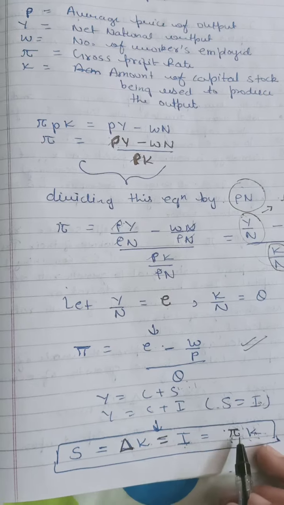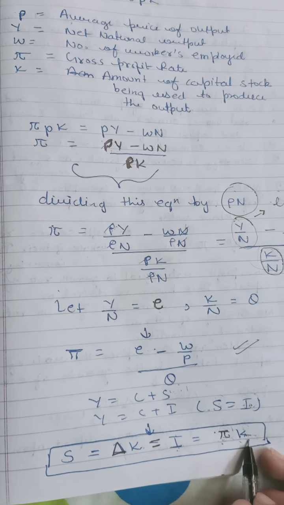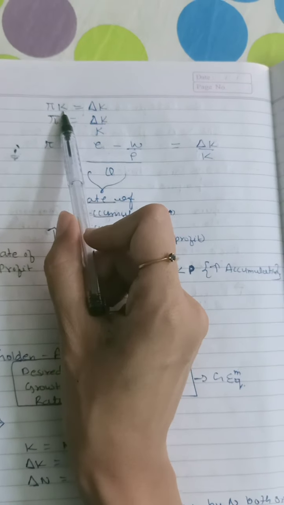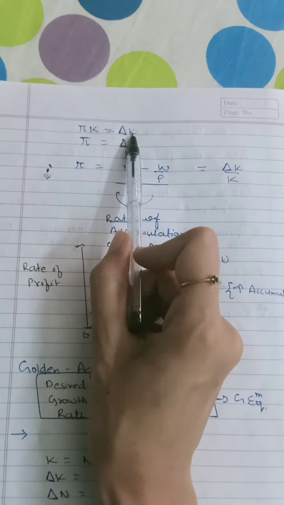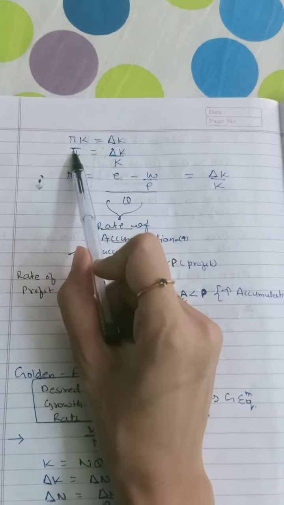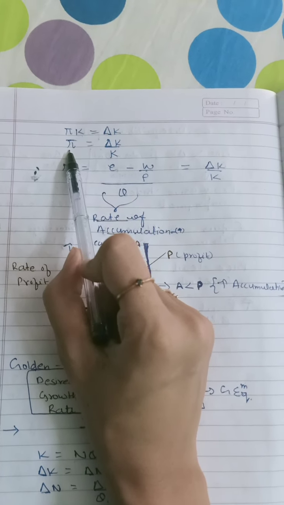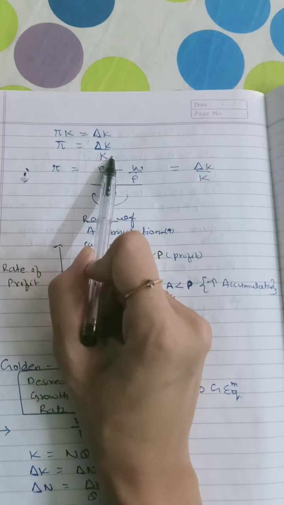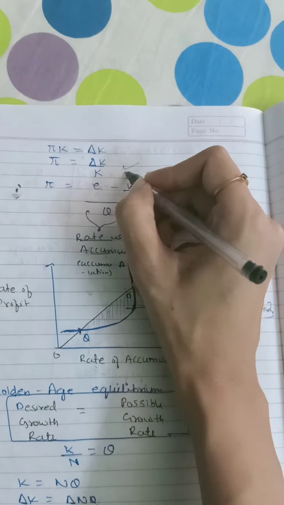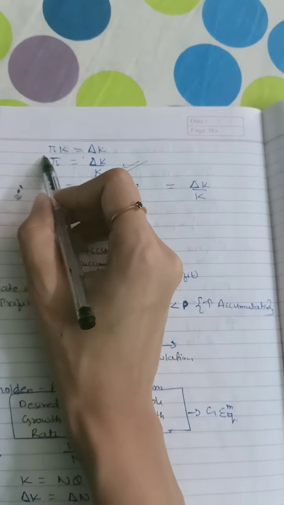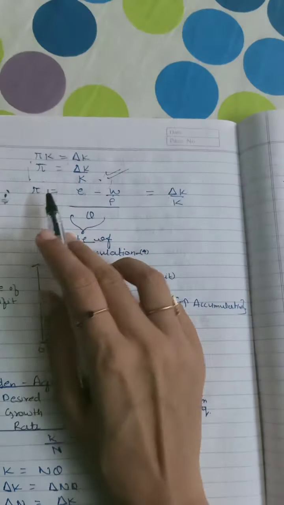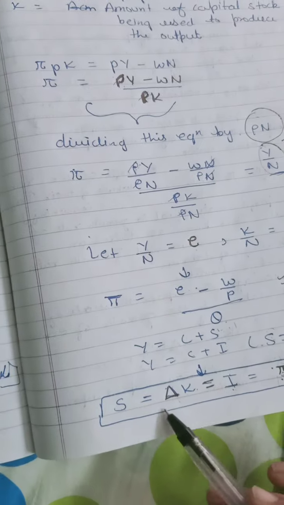So change in capital is equal to profit into capital, and if the profit you are getting from capital is equal to change in capital, then you'll get this equation: if you take out the profit equation, then you'll get change in K upon K. So this we have seen earlier also, that this is how we derive this equation. This is how we get to this equation, by taking out this equality.